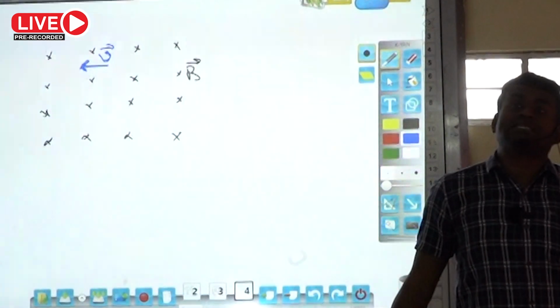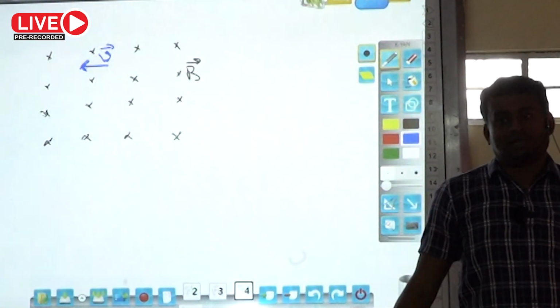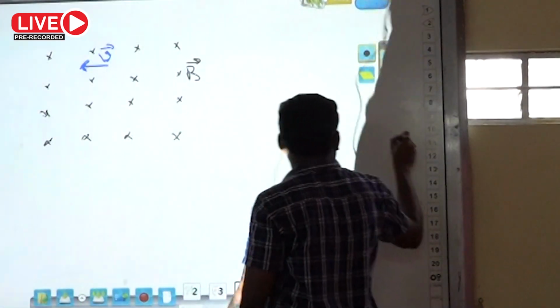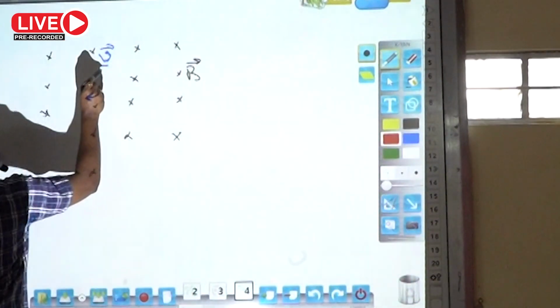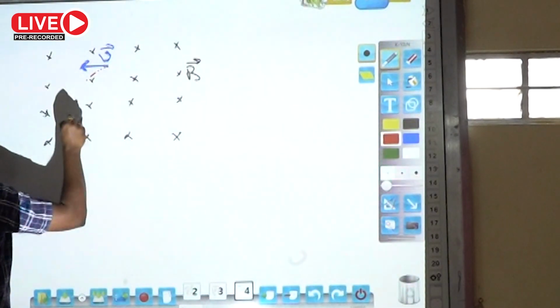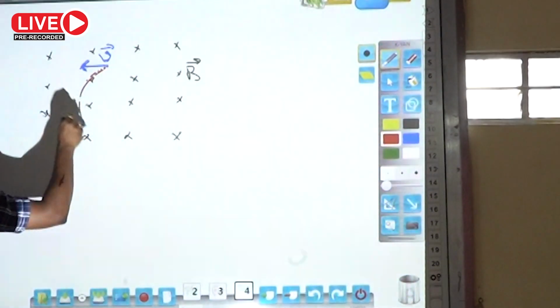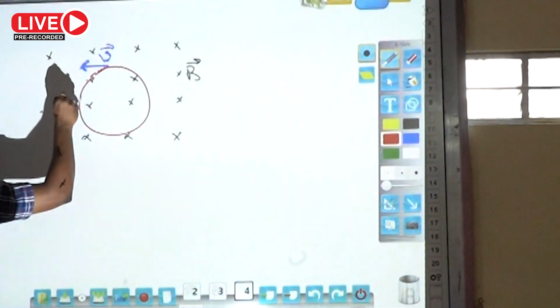So what will be the trajectory of this particle? Circular. So this particle will move like this.